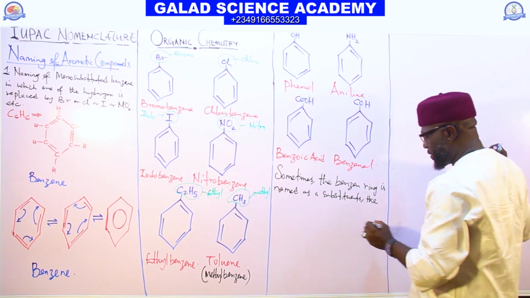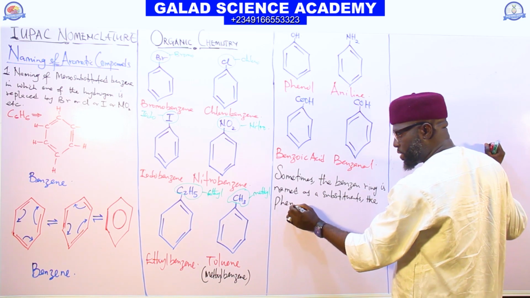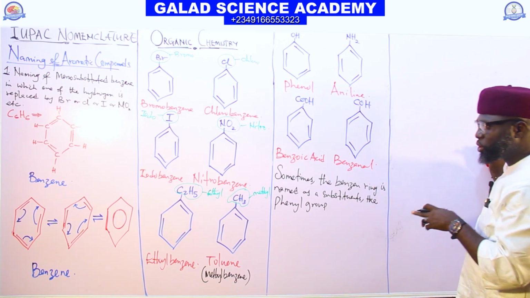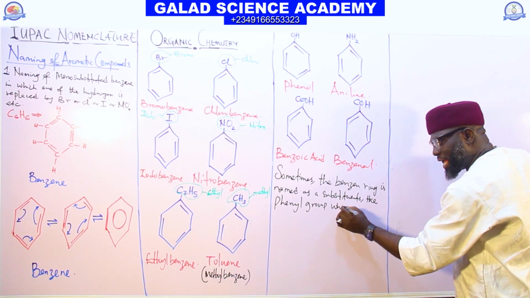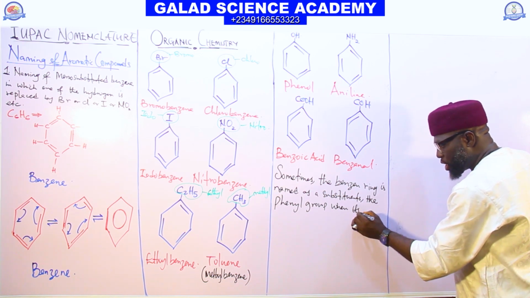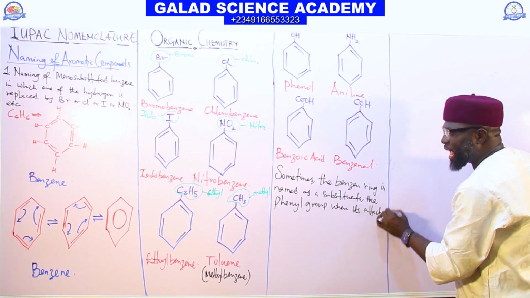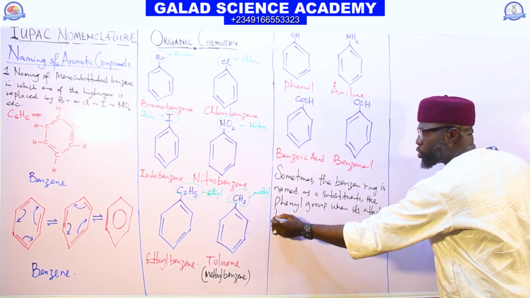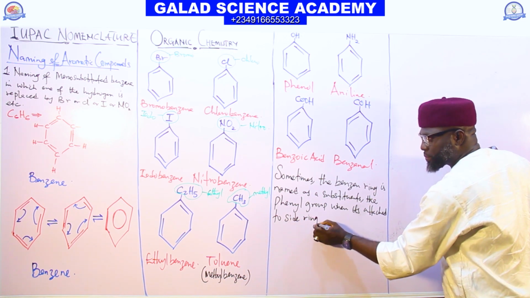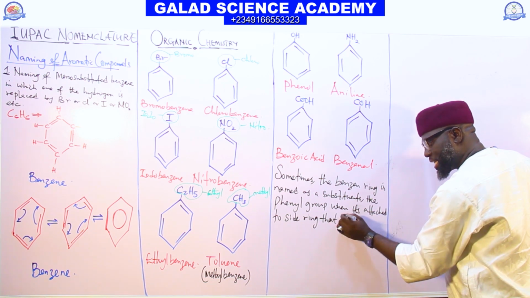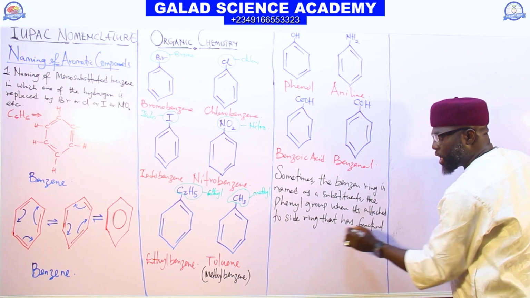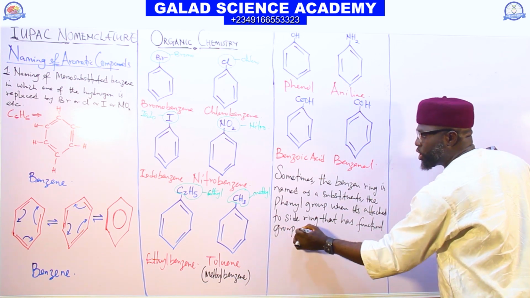It's named as the phenyl group when it's attached to a side chain that has a functional group.